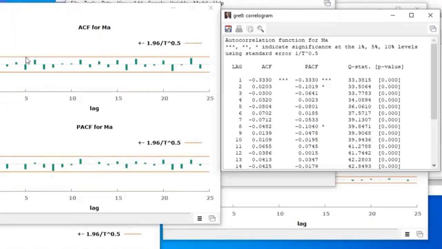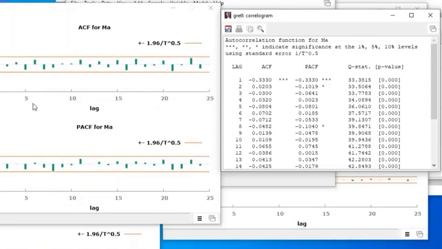But if we interpret the ACF as fast decay and one significant spike in the PACF, that shows that this series is an AR1 series. At the same time, we can also do the other way. We can say that the PACF is fast decay and there is one significant spike in ACF. Therefore, this is an MA1 process. So both interpretations are there. Got the idea? That is why we say the estimation is actually a trial and error method.